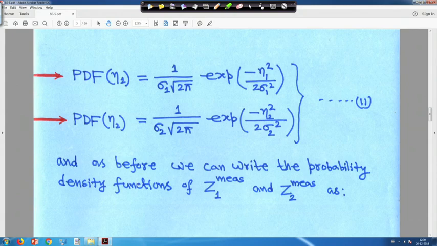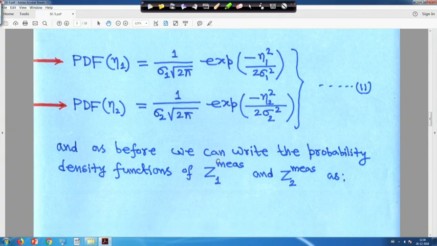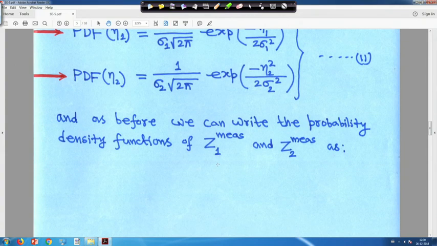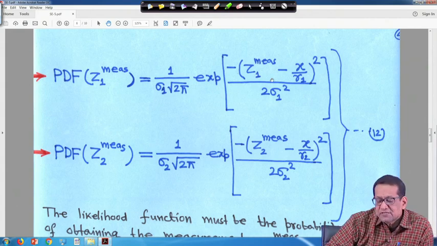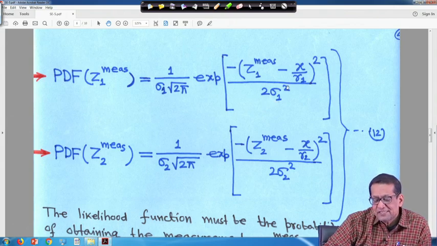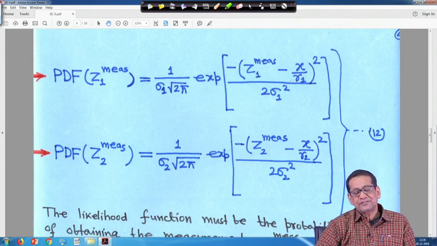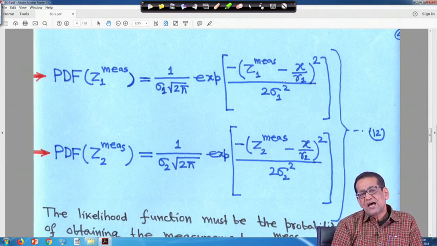And as before, we can write the probability density function of z1 measure and z2 measure. The PDF of z1 measure is equal to 1 upon sigma 1 root 2 pi e to the power minus of z1 measure minus x upon r1, whole square, divided by 2 sigma 1 square. It is a parallel circuit, so z1 true will be x upon r1.